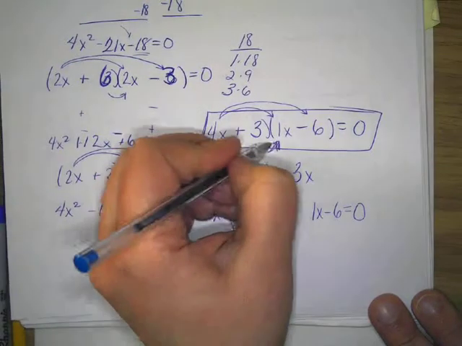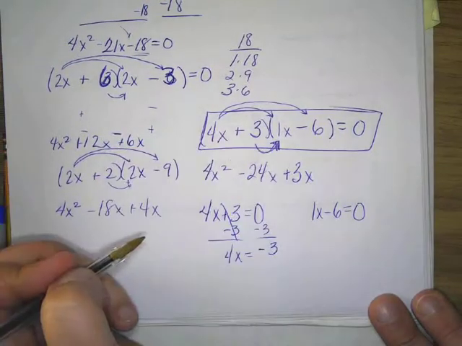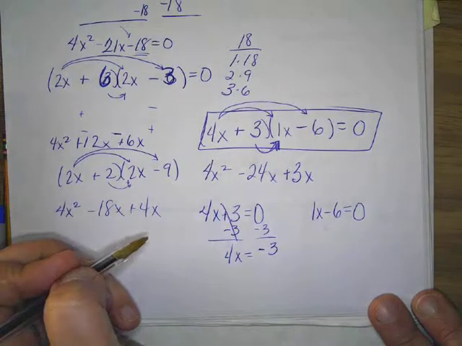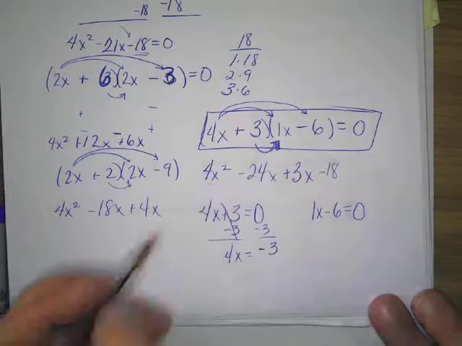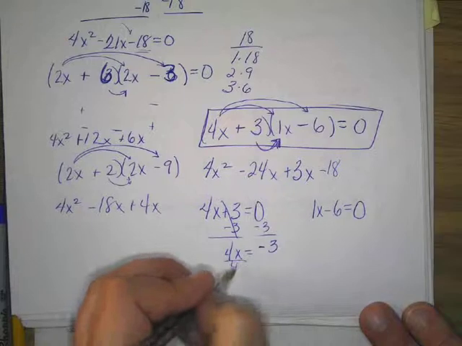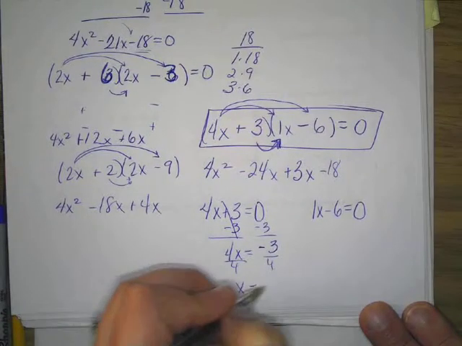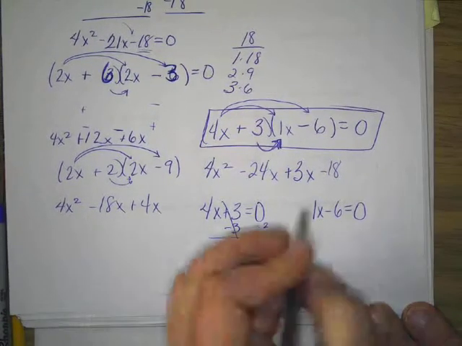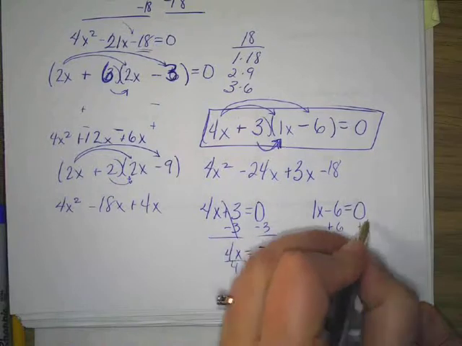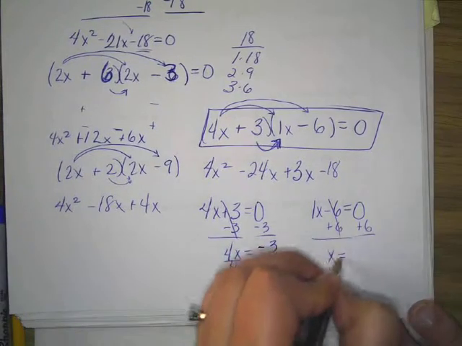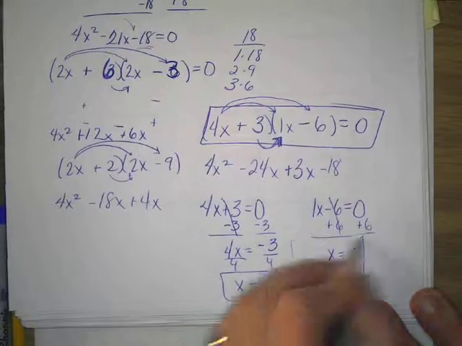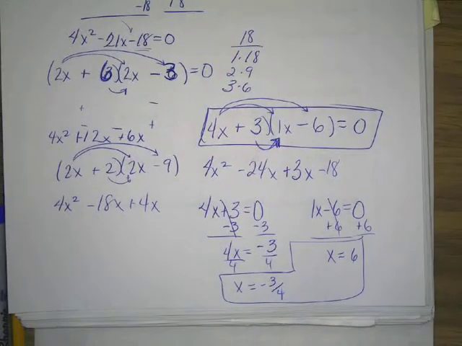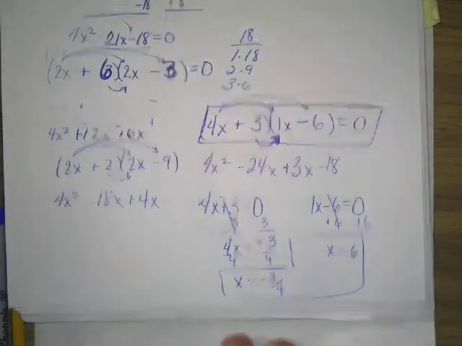Is that okay? Yeah, that's good. Other one. Divide by 4. So x equals negative 3/4. What about this one? Not negative. Positive 6. There's your 2 answers.